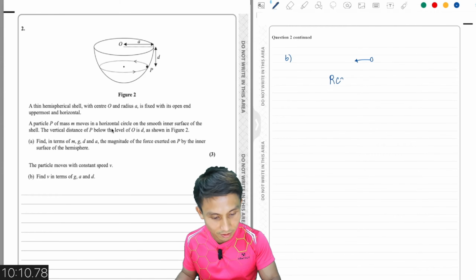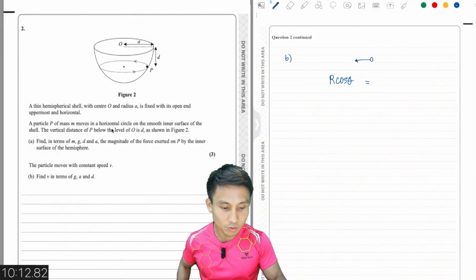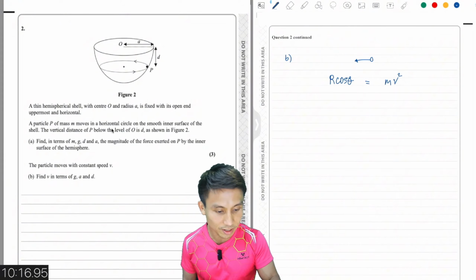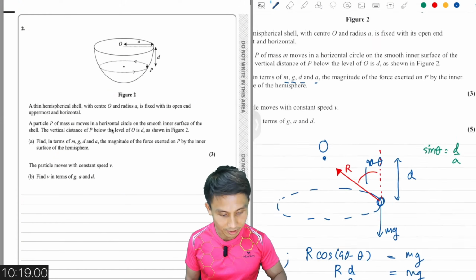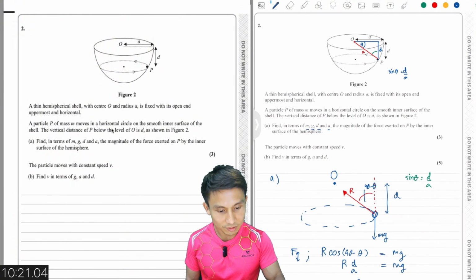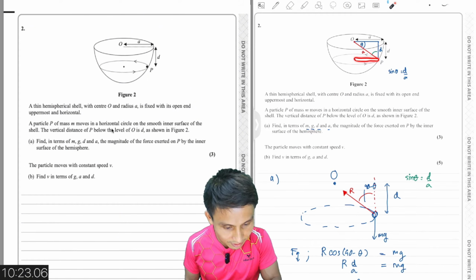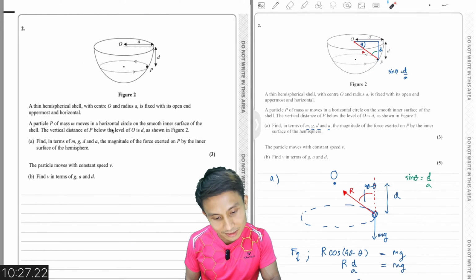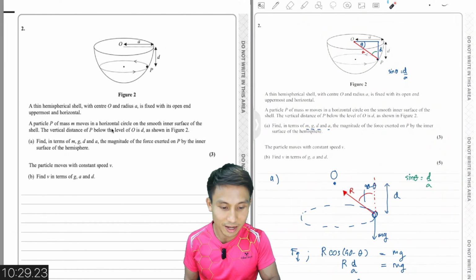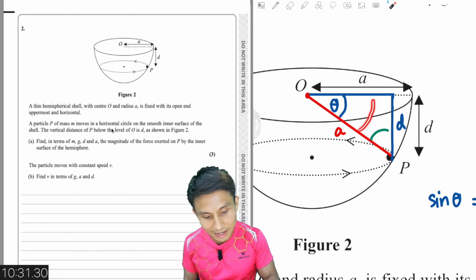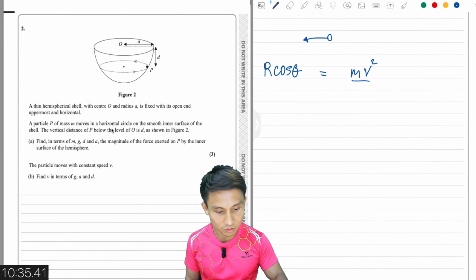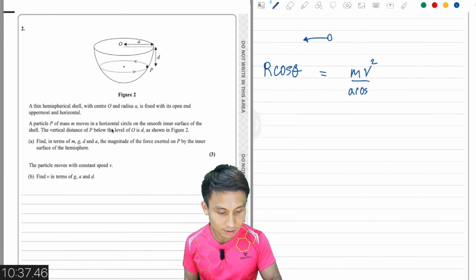So R cos theta will be equal to the centripetal force, which is mv squared over, we have to be careful about the radius. The radius here is going to be this guy, and that is a cos theta. If you resolve A down here, you get the radius, which is a cos theta. So I'm just going to write a cos theta here.